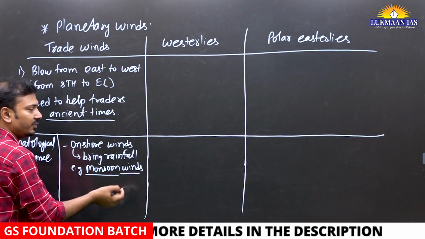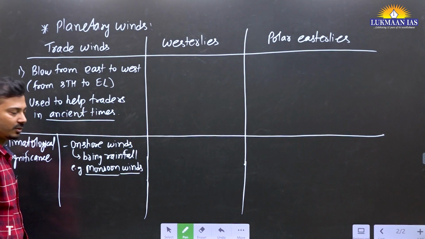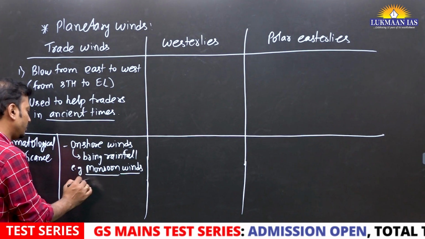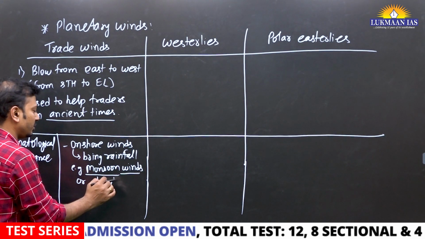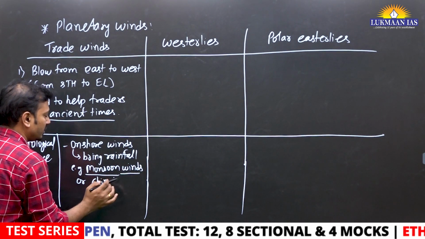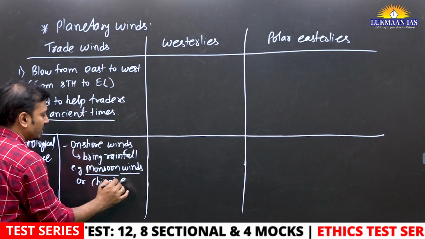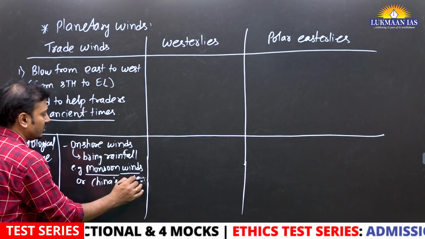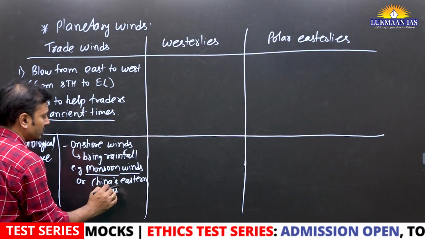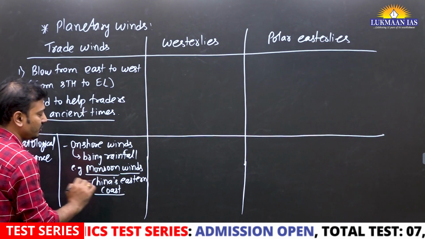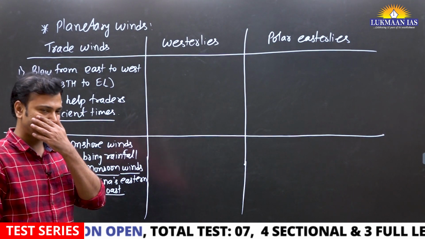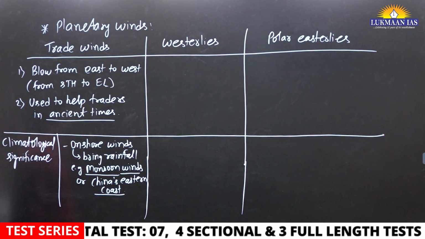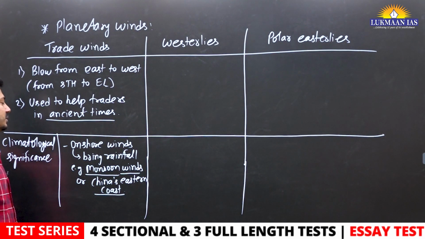They are bringing rainfall. Or the China type of climate: China's eastern coast receives rainfall for 6 months during summer due to continuous onshore trade winds.